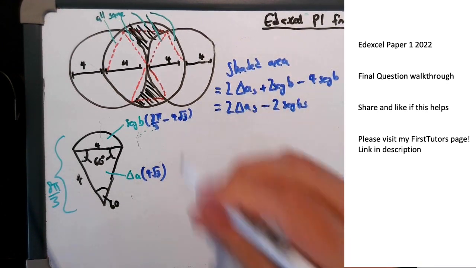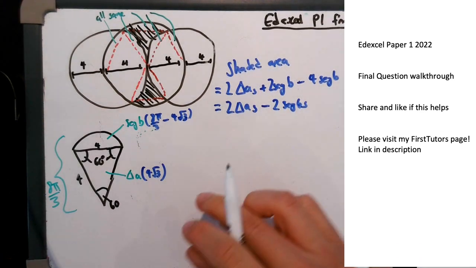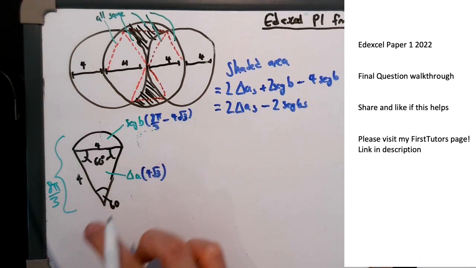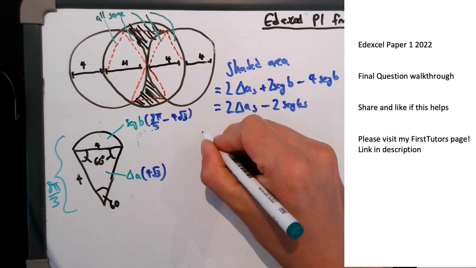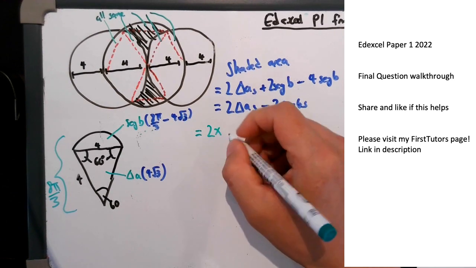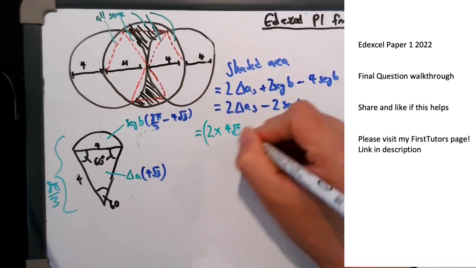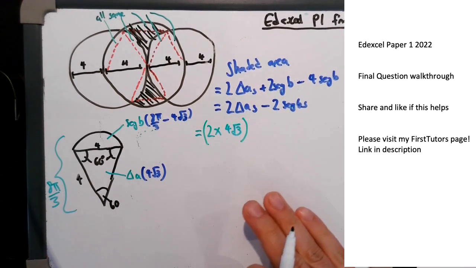So let's write it out fully, okay? So we have the areas here. Okay, so the same thing, let's write it out. So 2 times 4 root 3. The brackets aren't necessary, they're just going to help us compartmentalize the information here.